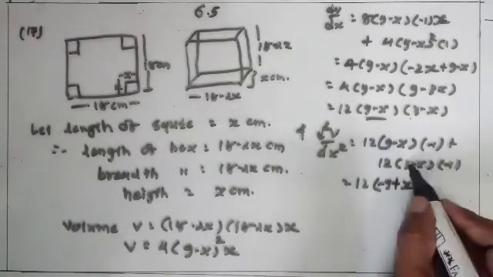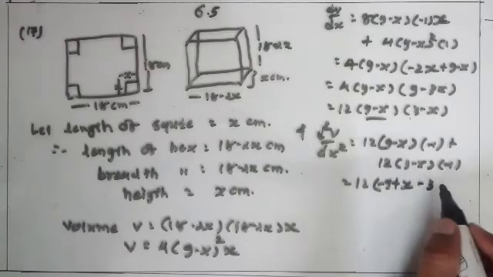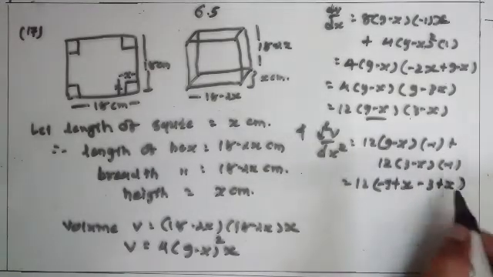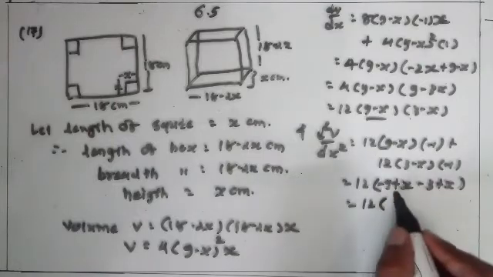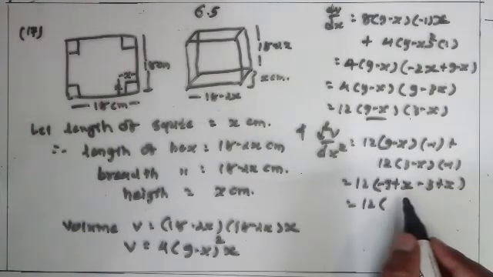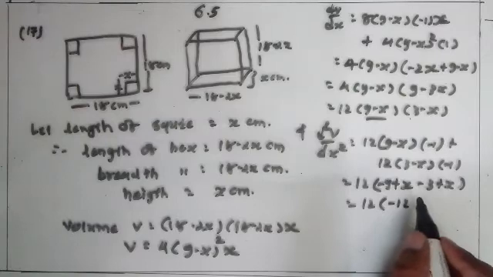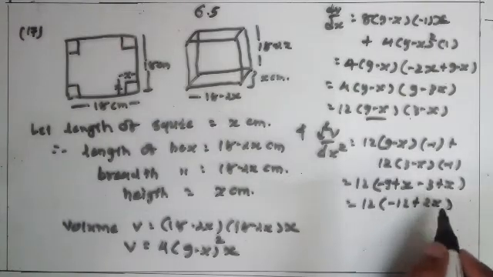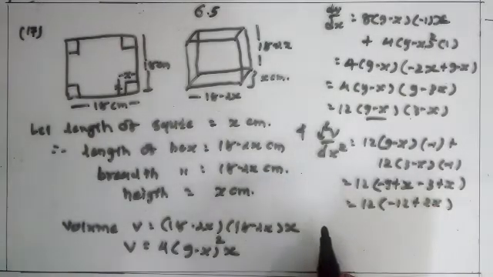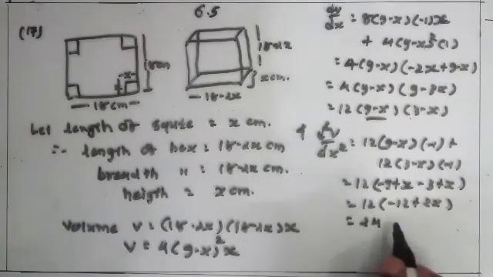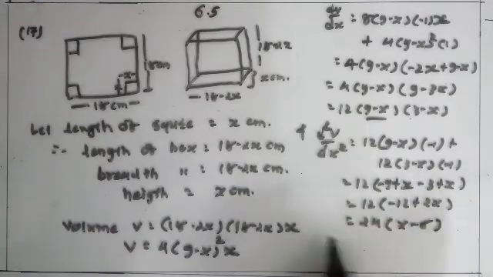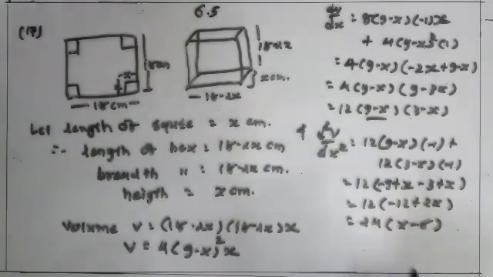Clear? Minus into this becomes minus 3 plus x. So 12 into minus 12 plus 2x. Take 2 common, so it becomes 24 into (x minus 6). So this is the second derivative.